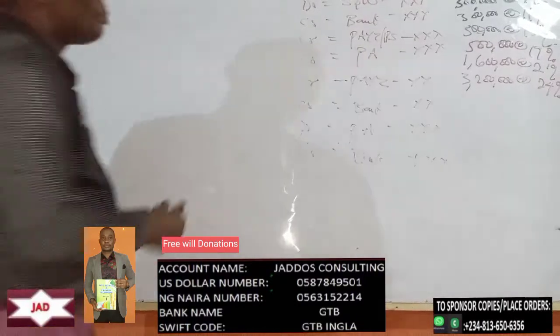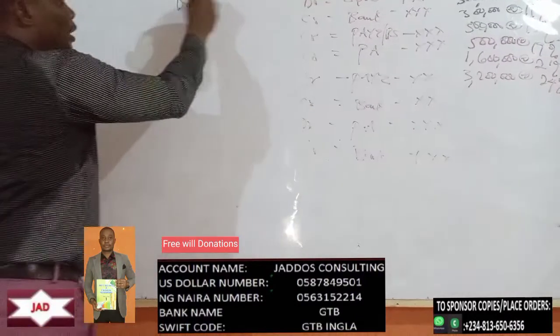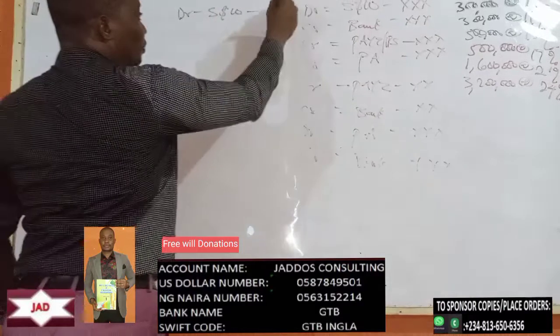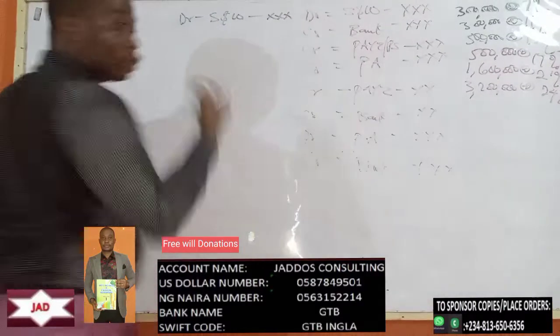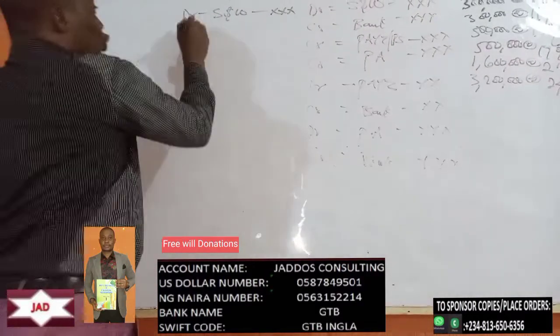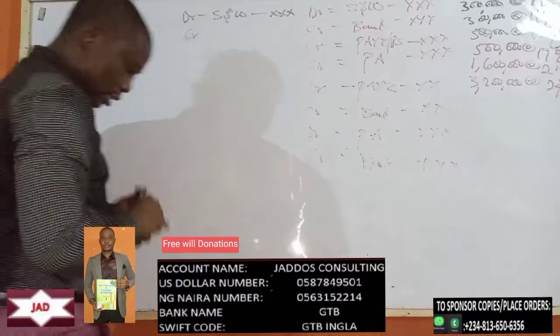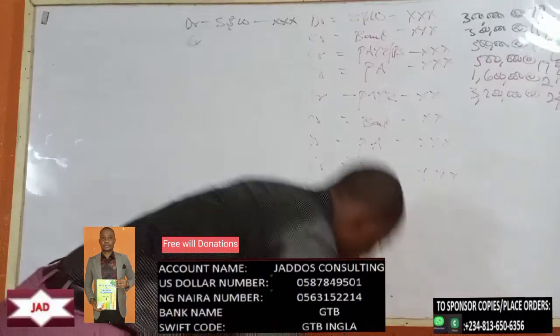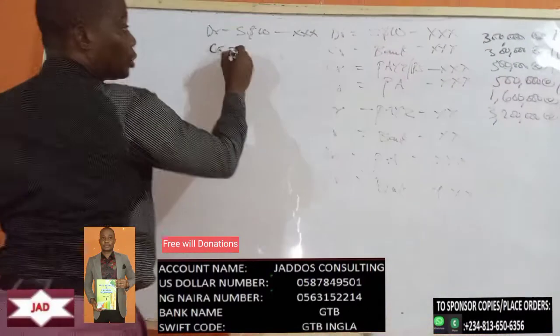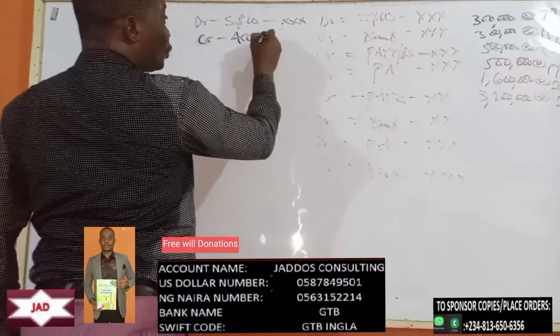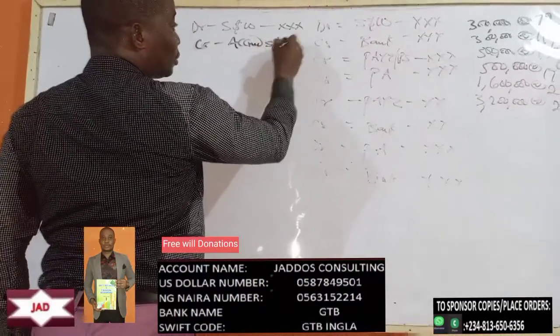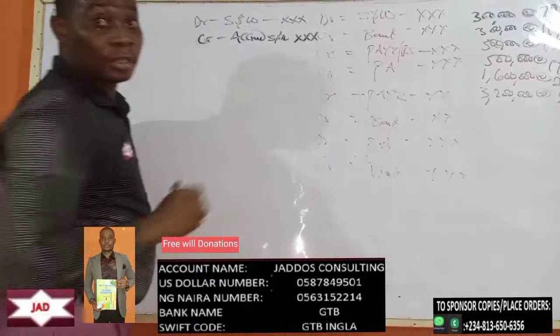If you're paying the following month, definitely you're debiting salaries and wages. But you're not crediting bank because you're not paying in that month. That means you're going to accrue for it, abi? It means you're accruing, so you're going to credit accrued salaries and wages. You are not paying.